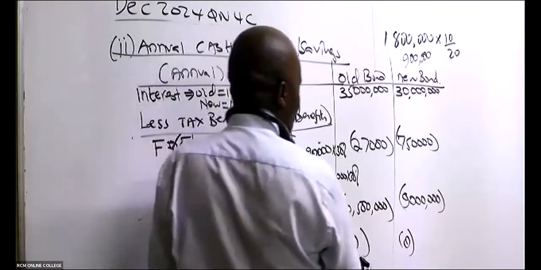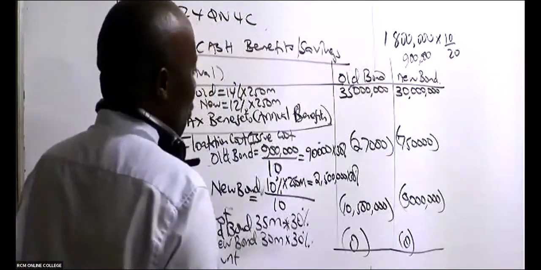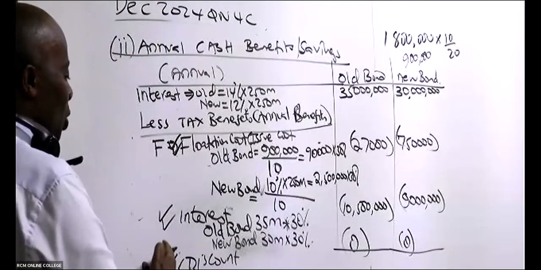So can you kindly go ahead and give us what we need to be paying: the net interest per annum.